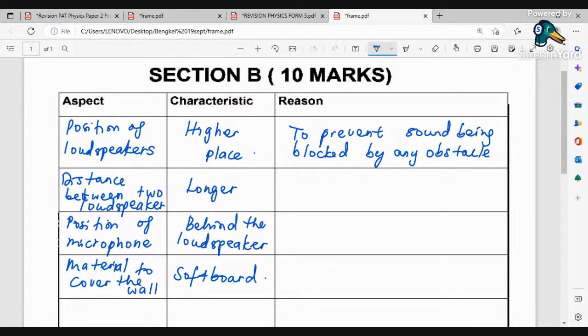If put lower, the people in front will also block the sound. Distance between two loudspeakers is longer to produce more loud sound, or constructive interference.